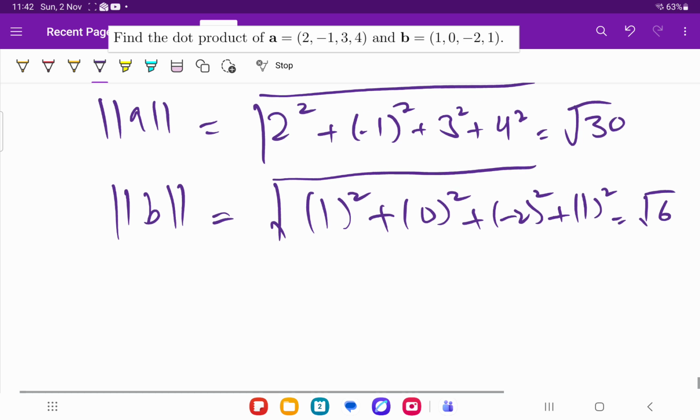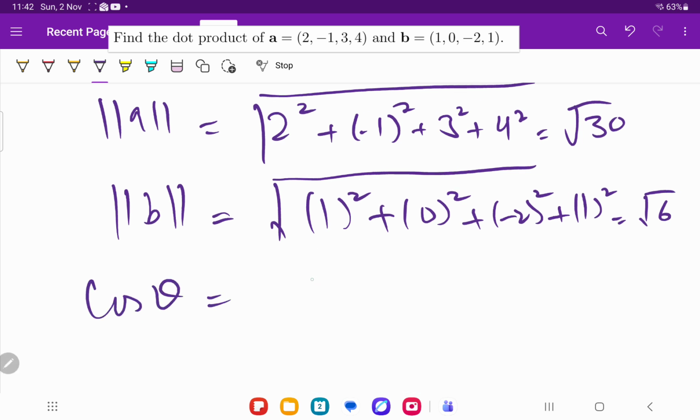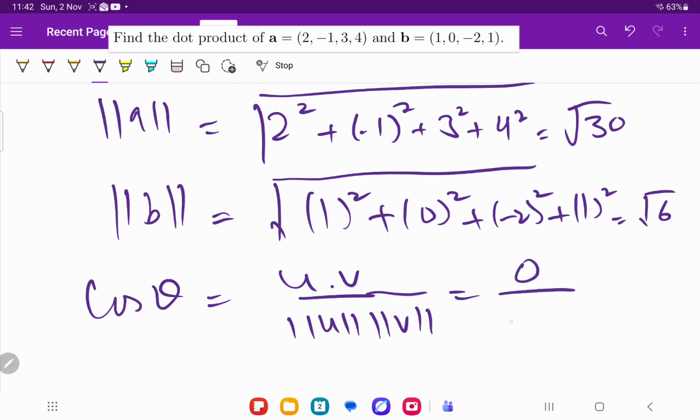So cos theta is equal to u dot v over norm of u, norm of v, which is 0 divided by square root of 30 and square root of 6.